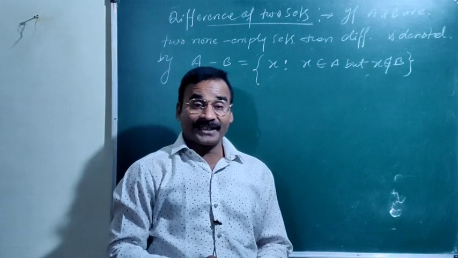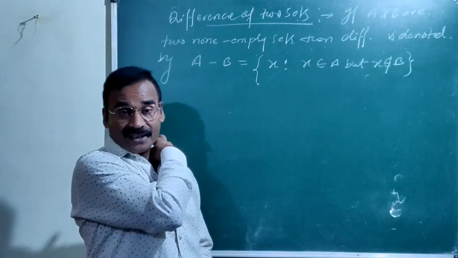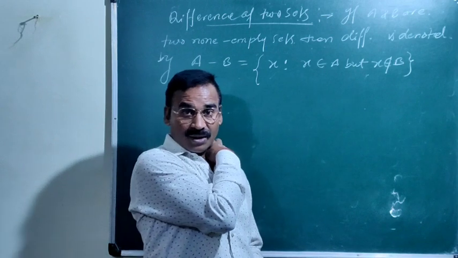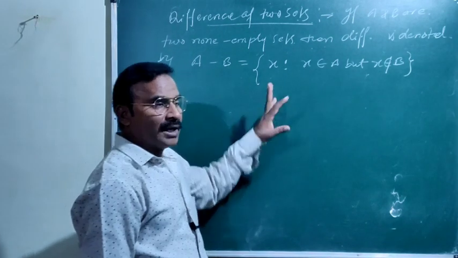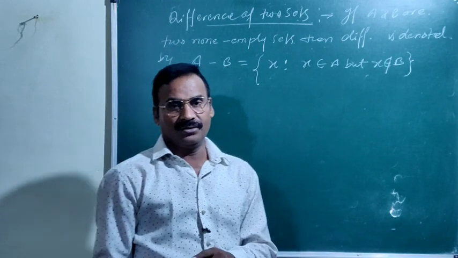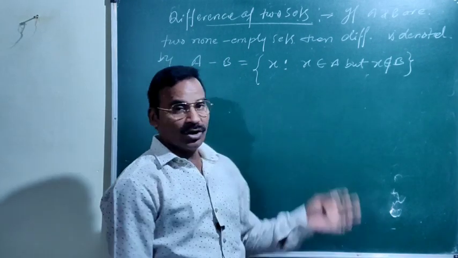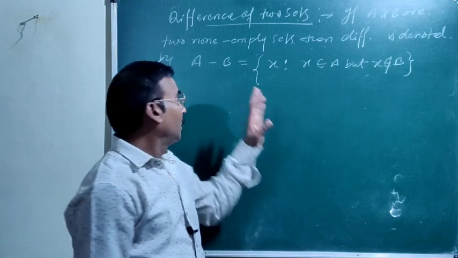So you have to exclude the subtracted elements of the set. B is subtracted, so you don't have to take the elements of B. You have to choose only the elements of A.